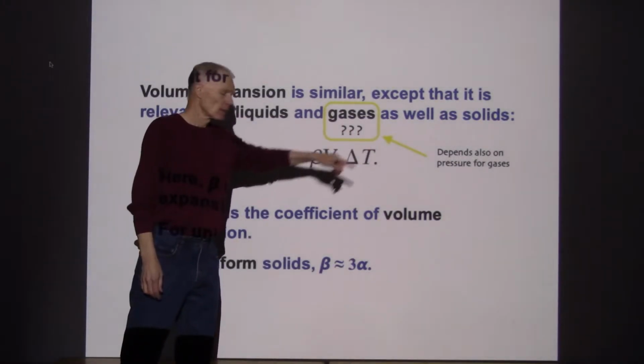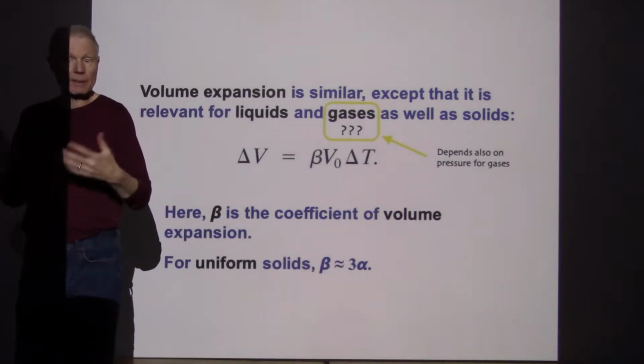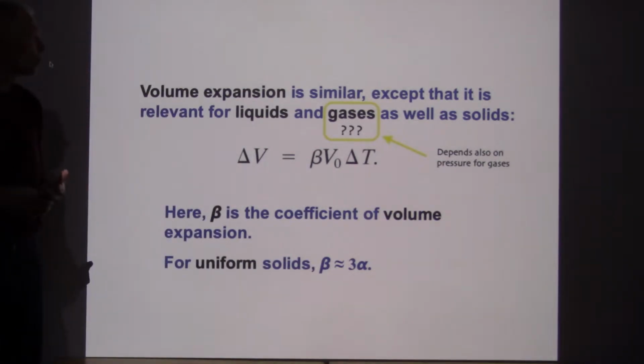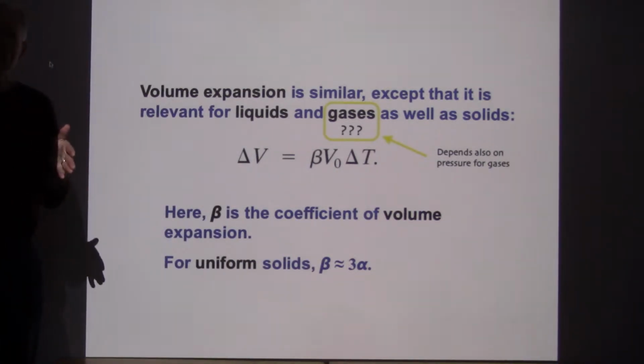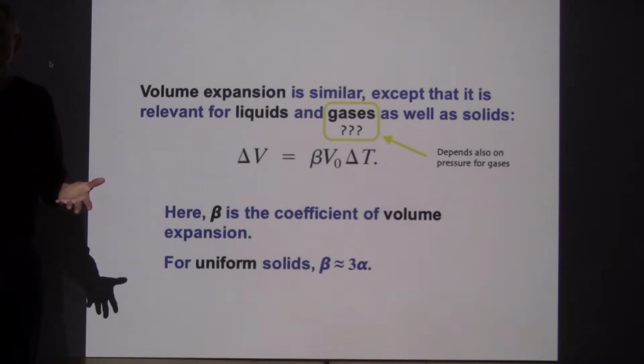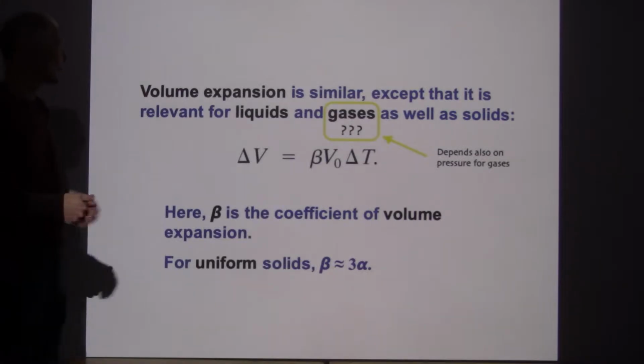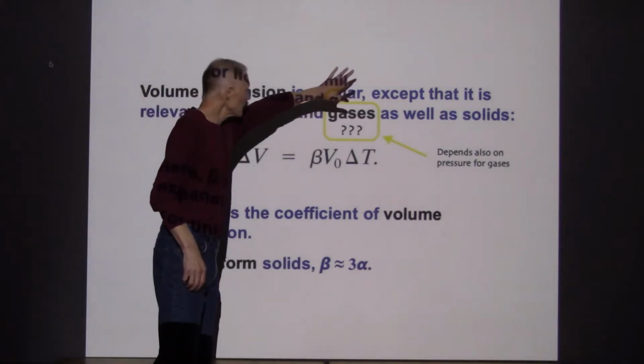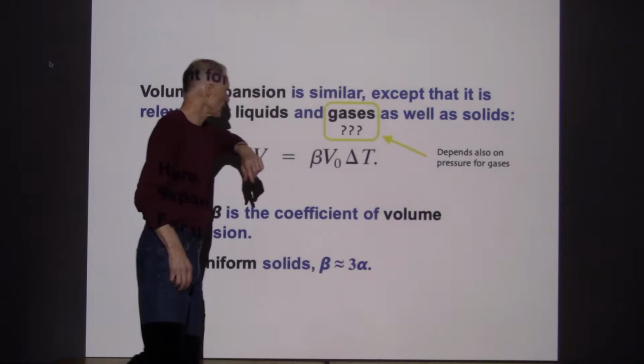The expansion of gases is going to depend on what the pressures are. So if we know that there's a steady pressure, then we can actually come up with expansion coefficients. But once we start using the ideal gas equation, we'll deal with gases there. So I'm going to say, no, these are not going to show up in our table.